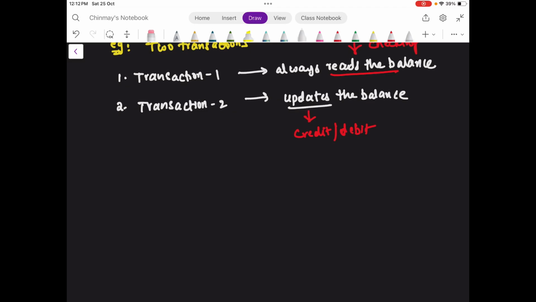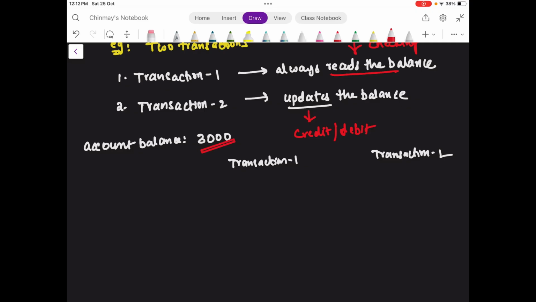Let's see. This is transaction 1, transaction 2. Okay, first we have the balance. Account balance is 3,000 rupees.